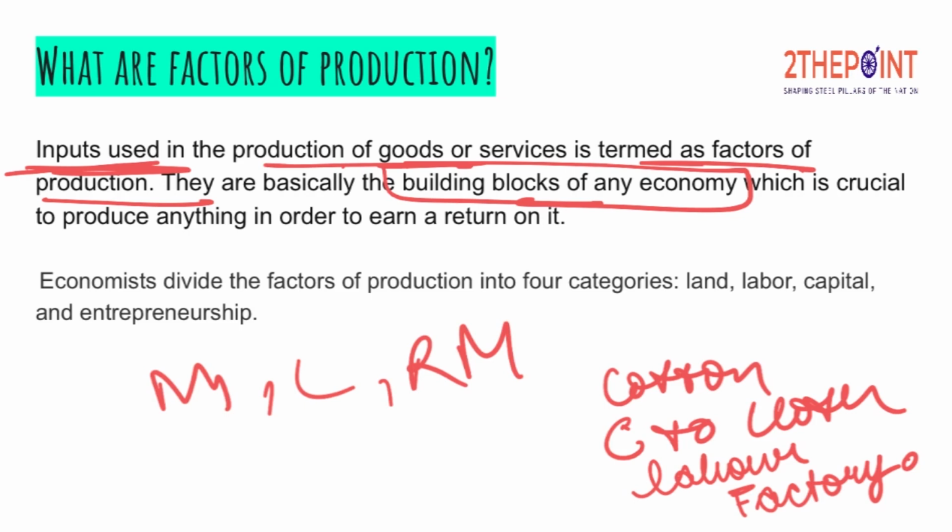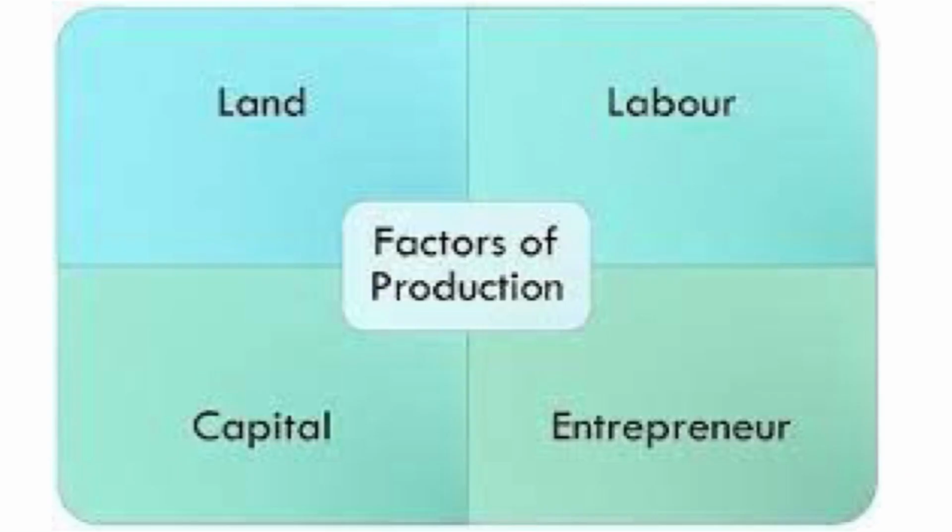They are crucial to produce anything in order to earn a return over it. As we can see, there are basically four factors of production. The first one is land, the other one is labor, the third one is capital, and the most important one is the entrepreneur. Now we'll discuss them one by one.